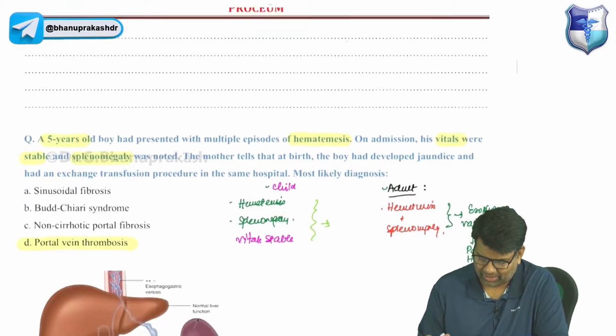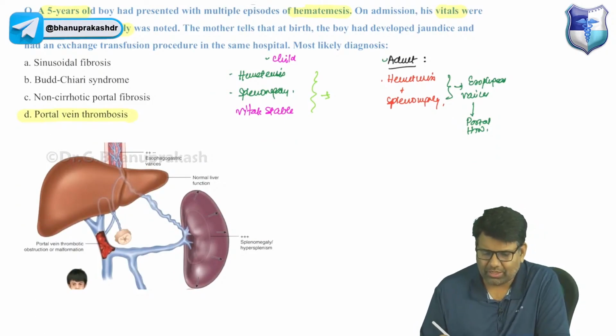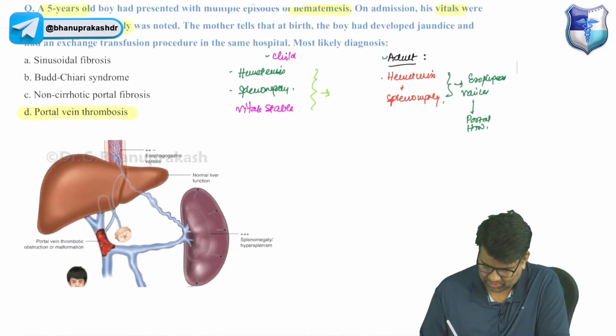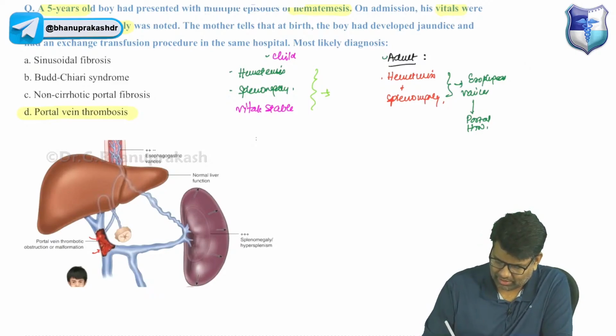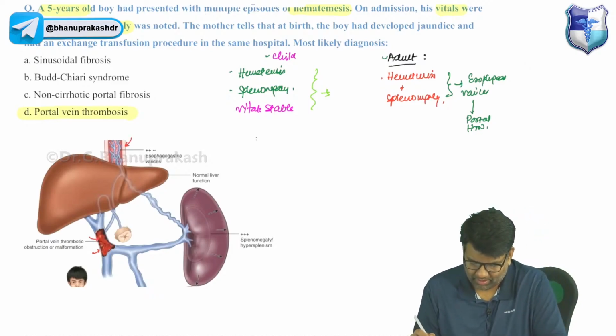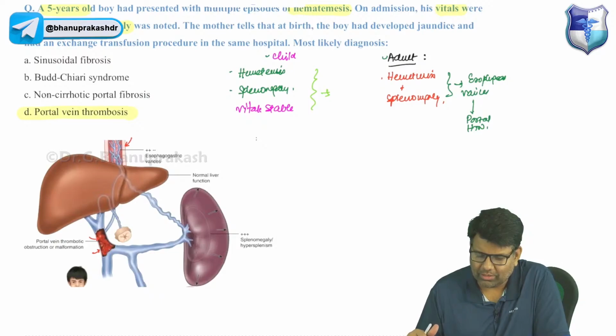So this is portal vein thrombosis. You can see this thrombosis in the portal vein, and that leads to opening up of the anastomosis at the lower end of the esophagus.